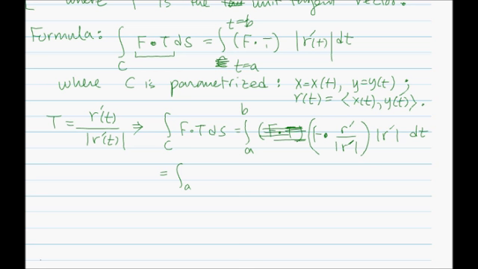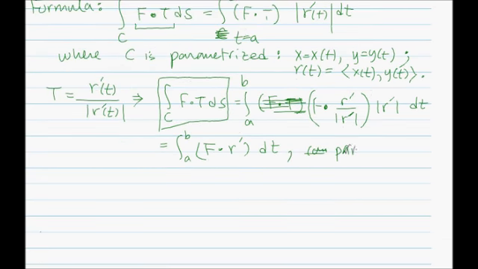So when you cancel that, it's the integral from a to b of F dot r prime dt. So that happens to be the formula. Here, F is given explicitly, and r prime comes from the parameterization, and differentiating is not much work. Do the dot product and integrate with respect to t, and that is the line integral of the vector field. So T disappears and everything is in terms of r, so it's a computable, practical formula.